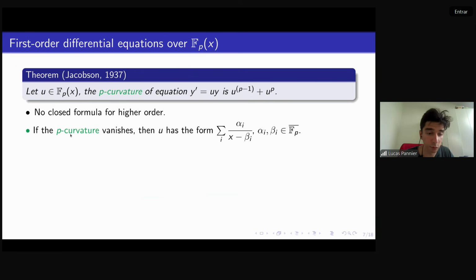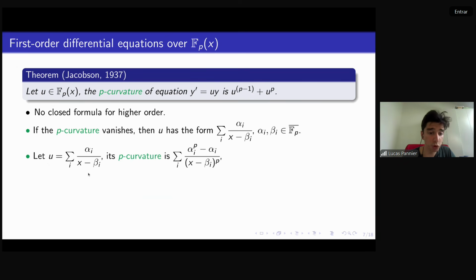That is, if the p-curvature vanishes, we can compute this quantity for a general u, and we see that the only expression that you can have is this expression with these terms alpha i and beta i algebraic over Fp.